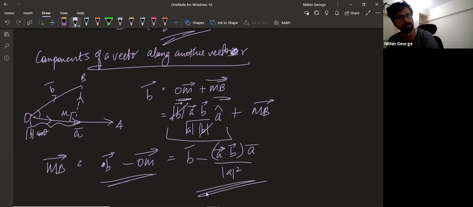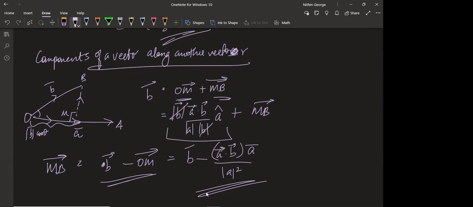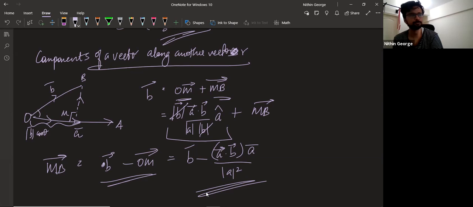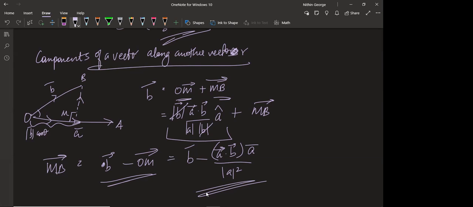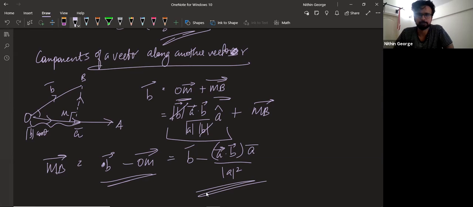So if they ask for the perpendicular component, which is not along that, you just write it as a sum of two parts, and then it becomes the difference from the original one to the part along A. Any doubts here, guys? No, sir. Got it, sir. This is pretty straightforward, right?